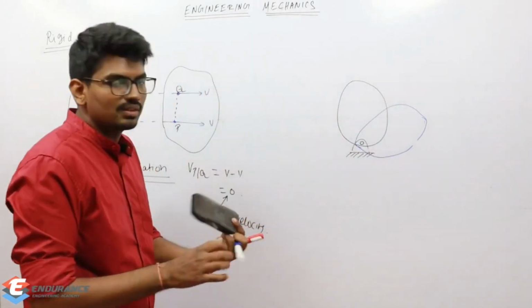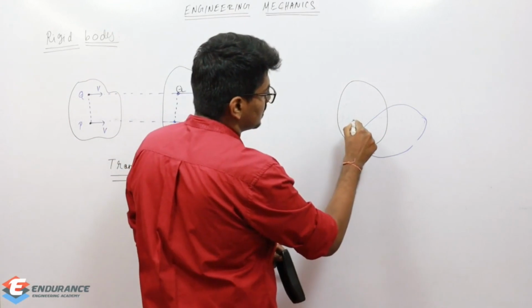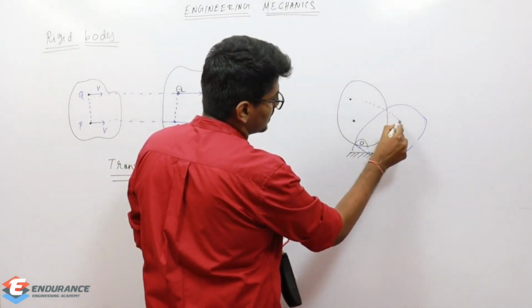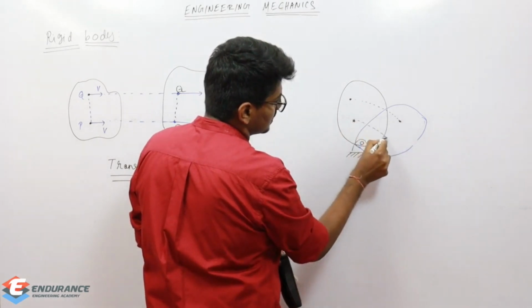So what will happen if I take 2 points, one point here, another point here? One point is rotating here and another point is reaching this place.